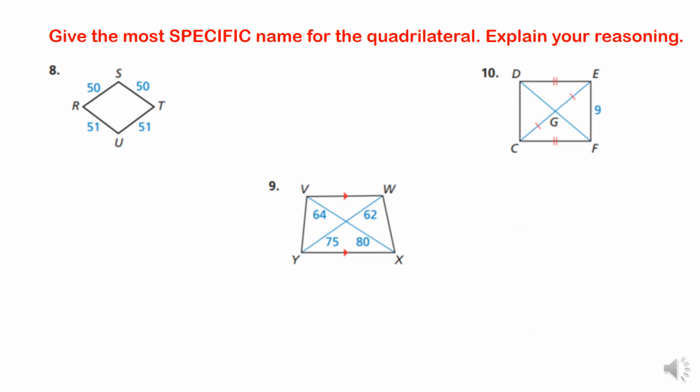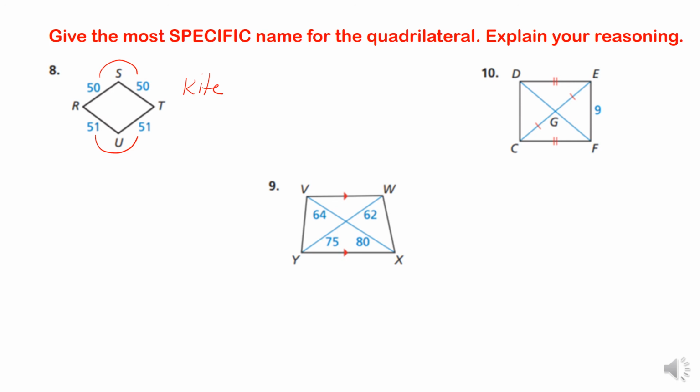Give the most specific name for the quadrilateral and explain your reasoning. The only thing they've given me is sides, and these are consecutive sides. So I have two pairs of consecutive sides that are congruent, and the opposite sides are not congruent. Therefore, this is a kite.